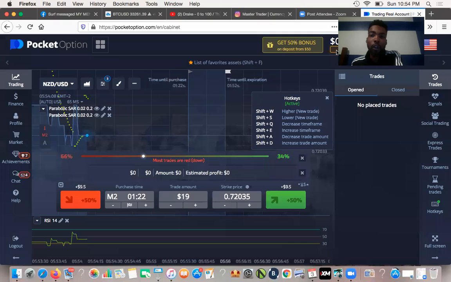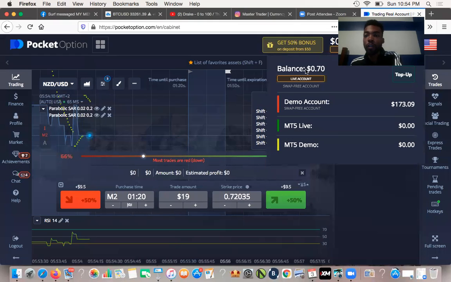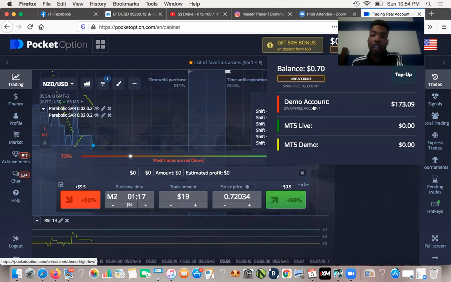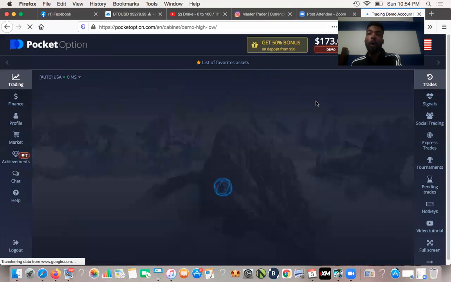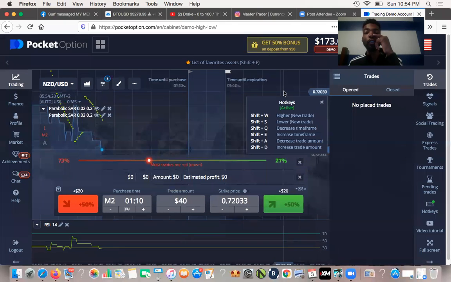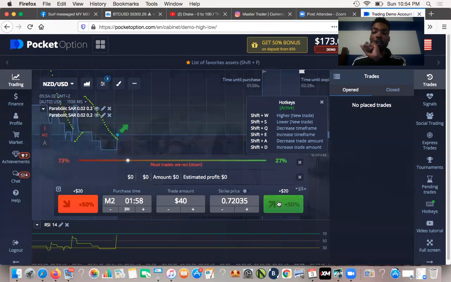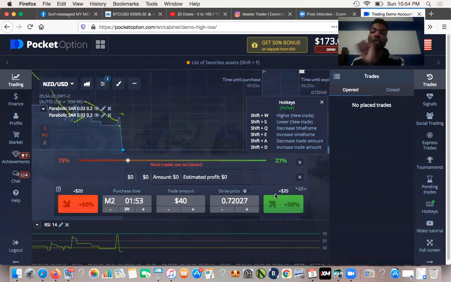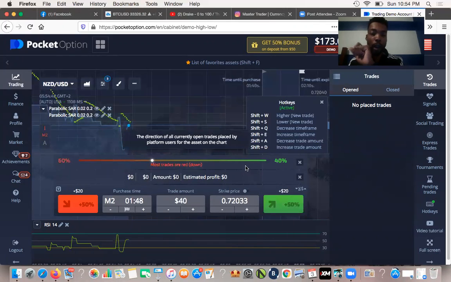But you know, you can do a demo account with this. You can do a regular account. So this is pocket options, right? And I'm gonna place a trade on pocket options just to show y'all how it actually works. So pocket options doesn't go by pips, it goes by time. So when you enter a trade, you're expecting it to stay above a certain price, right?